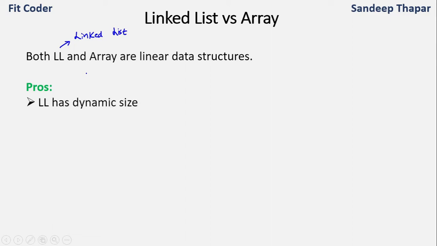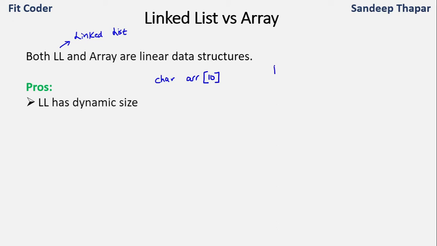Linked list has dynamic size. When you declare an array, let's say an array of characters, you need to provide some size of the array. Let's say you create an array of size 10, but in future you realize that the array size needs to be 20. But for an array, the size is static. It is provided at the time of creating the array. But linked list is dynamic.